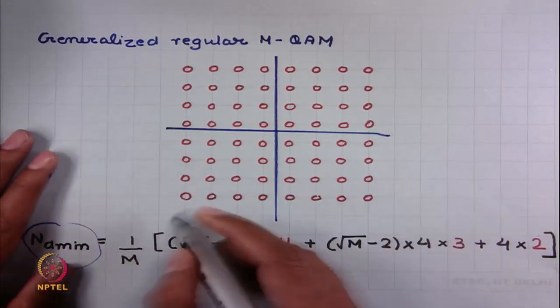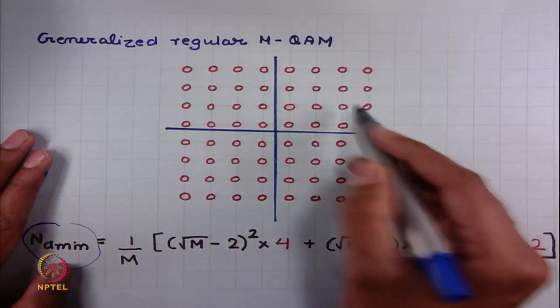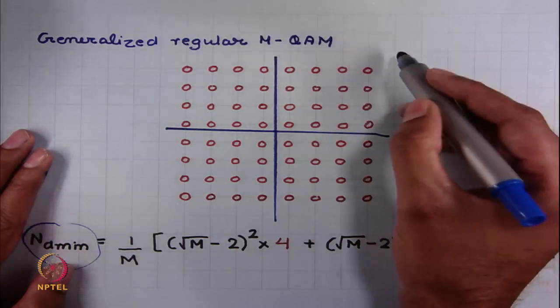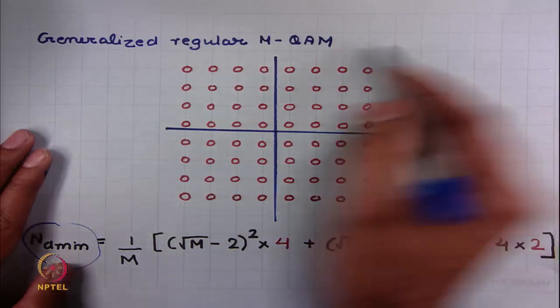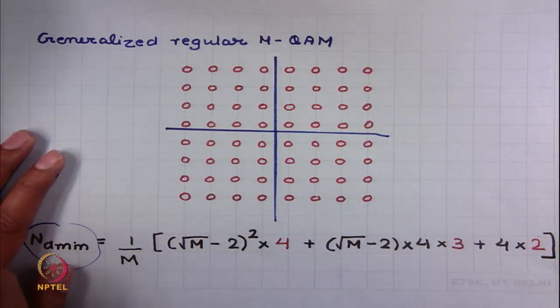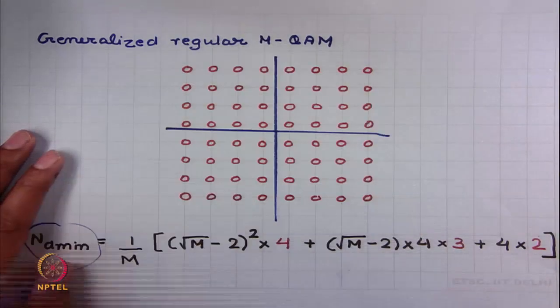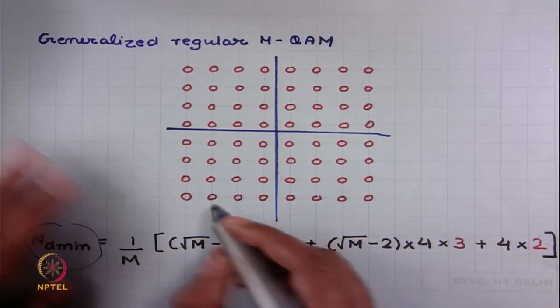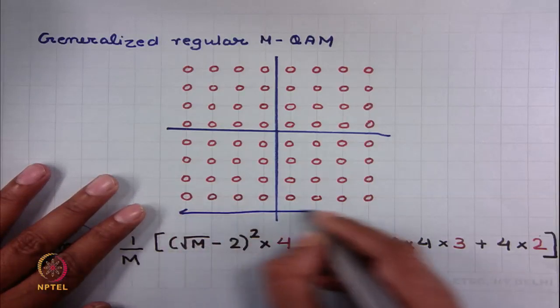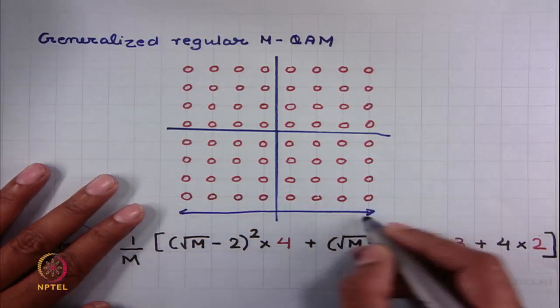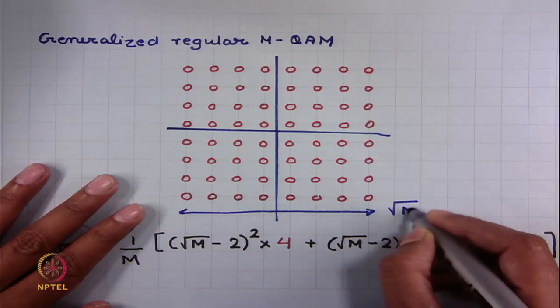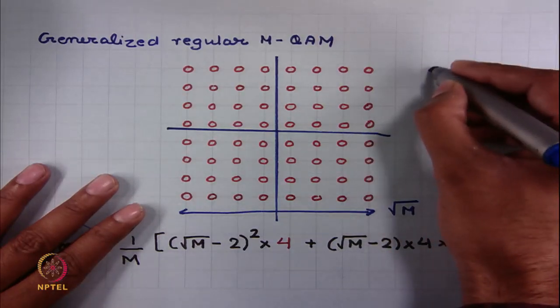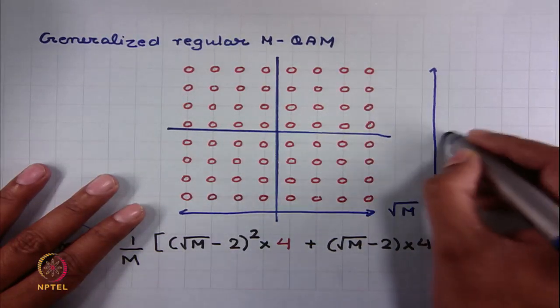So, if we assume that this has M symbol points, and let us assume that it is a square grid constellation, that is usually when we talk about regular QAM structure. So, how many columns do we have in here? We have root M columns and we have root M rows.